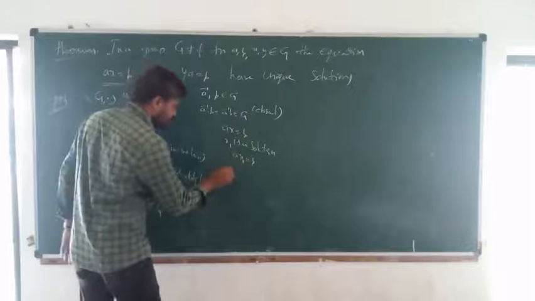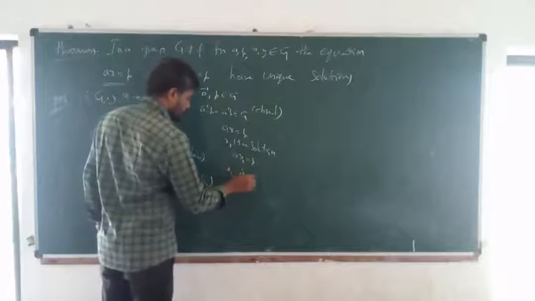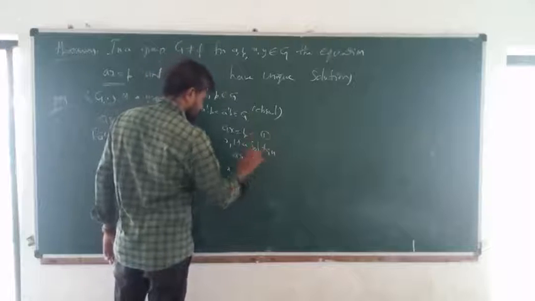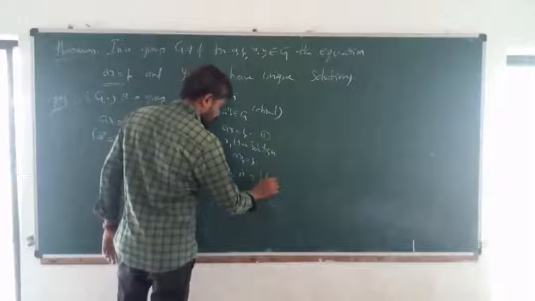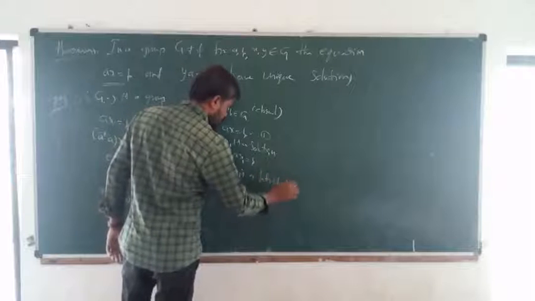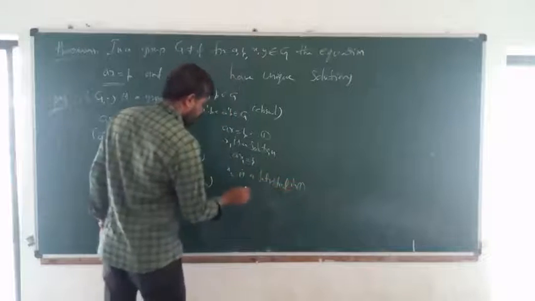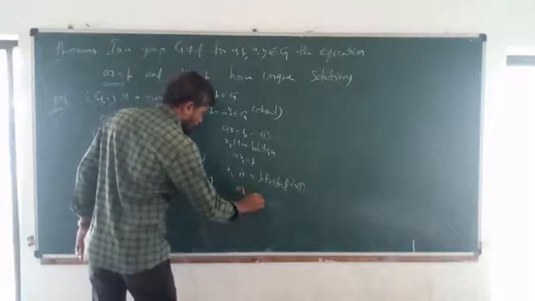Another value you can select, x2, satisfies this one. x2 is a solution. What happened? ax2 equal to b.